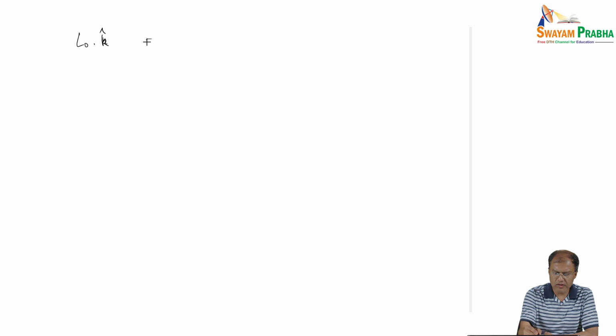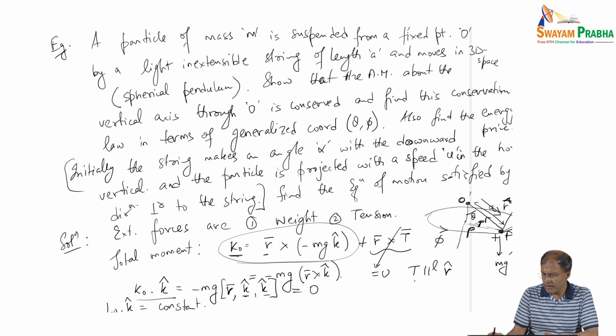So we will try and write down L naught dot K, and we see that this is m rho times v phi. L naught is m times rho, where rho is the perpendicular distance from the axis of rotation. The axis is along the vertical direction, and v phi is the tangential velocity.